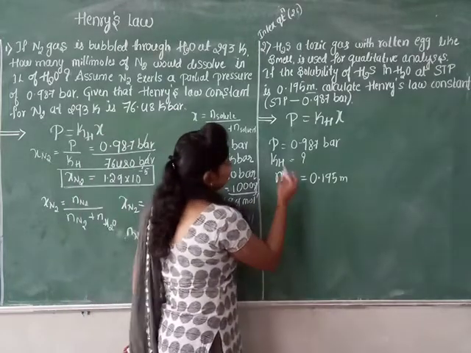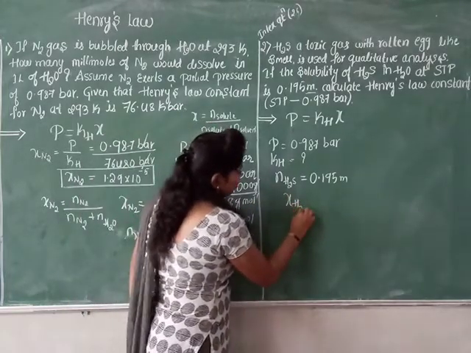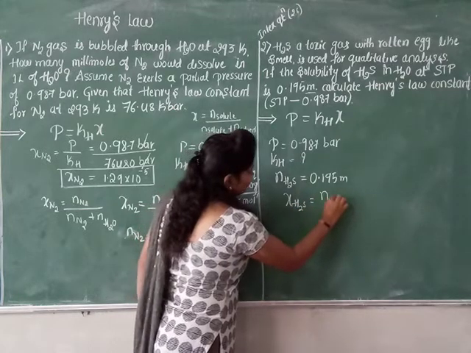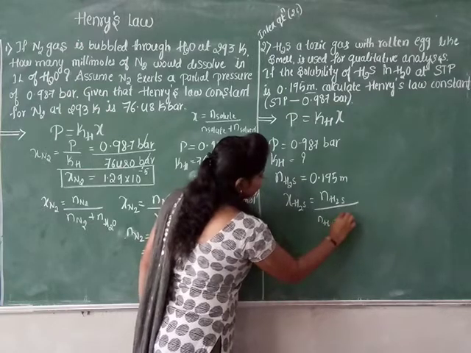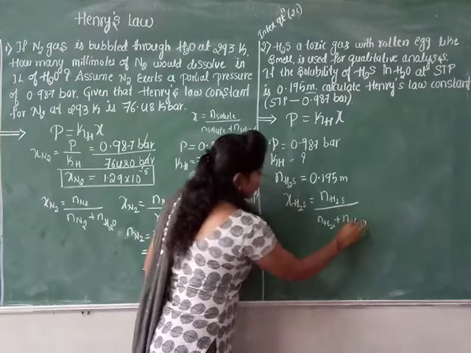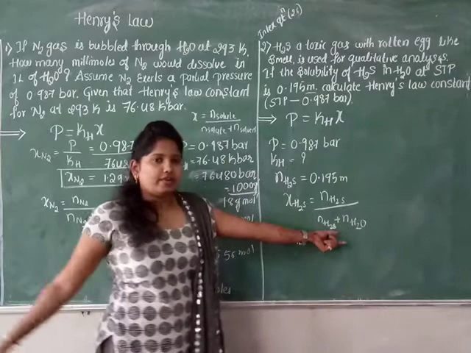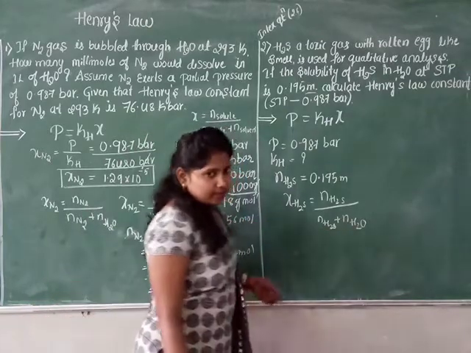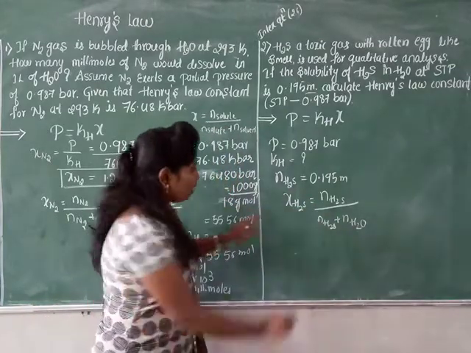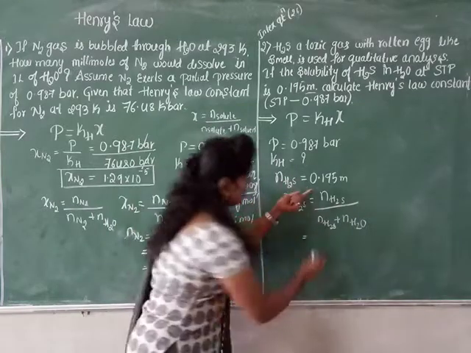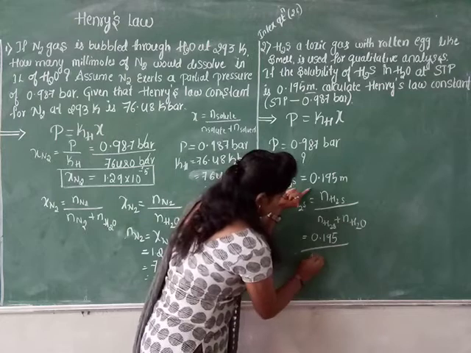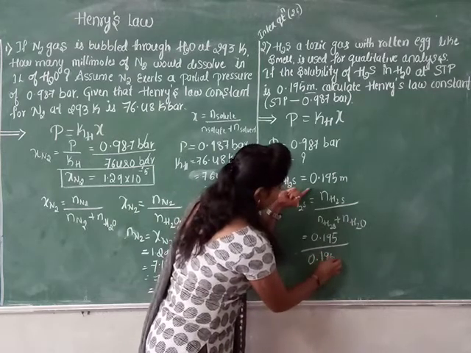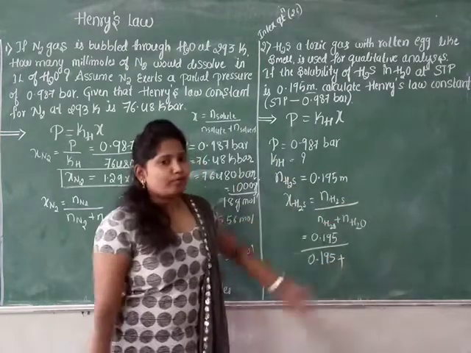So the mole fraction will be XH2S is equal to NH2S divided by NH2S plus NH2O. Hydrogen sulfide is the solute and water is the solvent. Now NH2S is how much? 0.195 divided by 0.195 plus the number of moles of water.